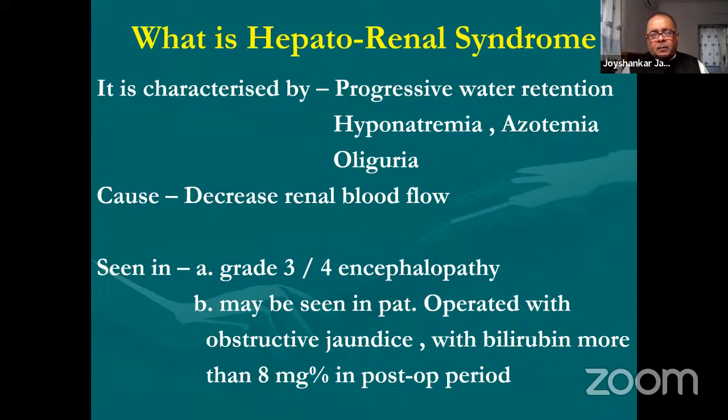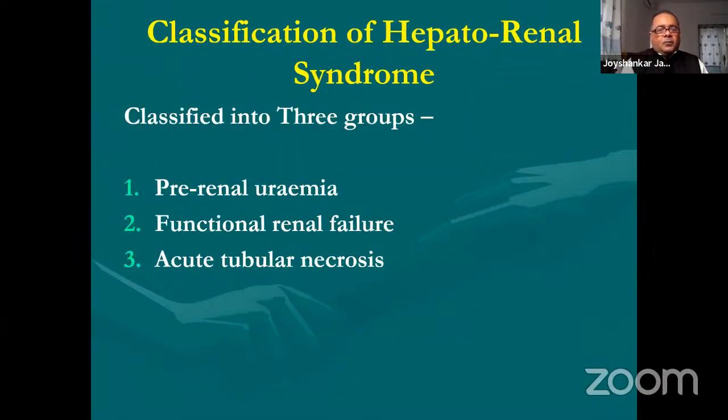How to classify hepatorenal syndrome? So hepatorenal syndrome is classified into 3 types. So type 1 is a pre-renal uremia due to the dehydration and absorption of nitrogenous compounds from the patient's gut, that is colon, especially after GI hemorrhage. These circulating endotoxins will have an effect on the renal vasculature. The second type is functional renal failure as a result of diversion of the renal blood flow from the cortex to the medulla in the kidney, accompanied with reduction in the glomerular filtration rate and sodium retention.